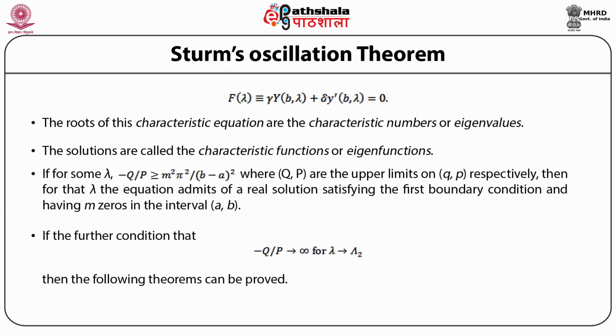If the further condition that minus capital Q by capital P tends to infinity for lambda tending towards Greek lambda 2 is imposed, then the following theorems can be proved.